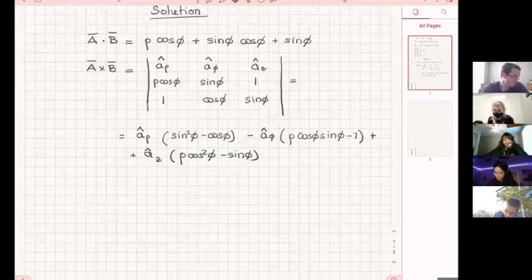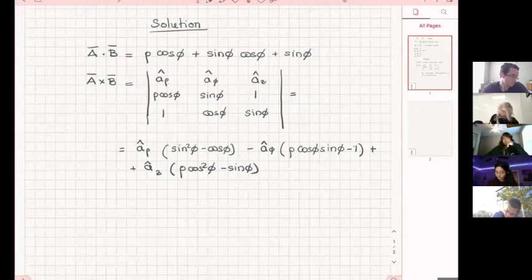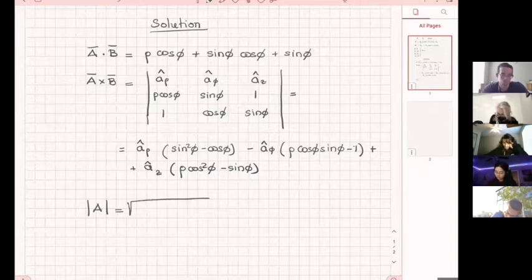Yes. How much is the magnitude of A? The magnitude of A is the square root of A sub rho squared plus A sub phi squared plus A sub Z squared.